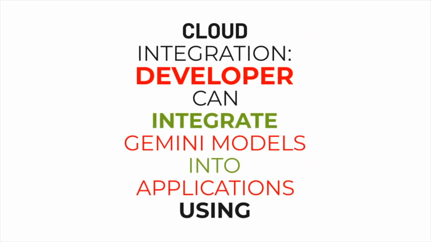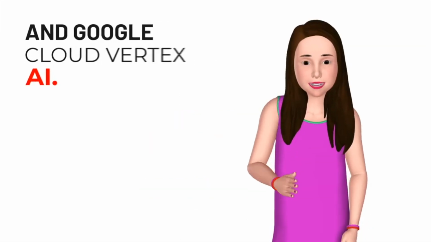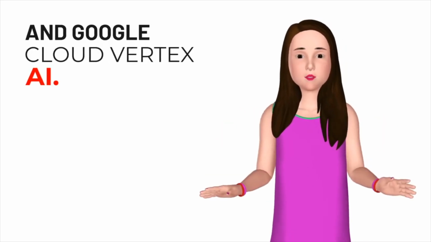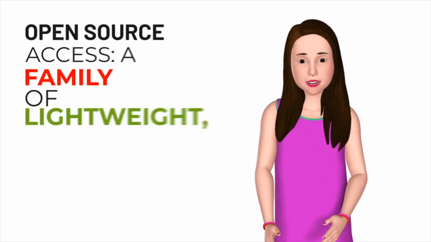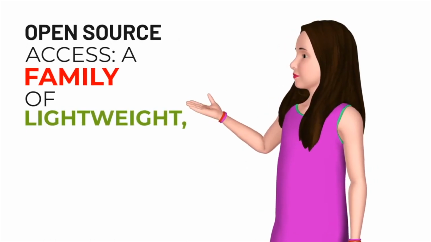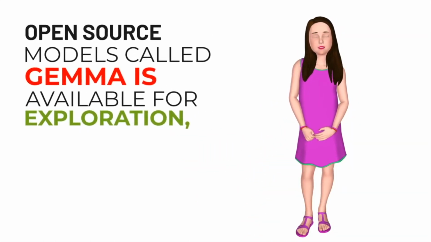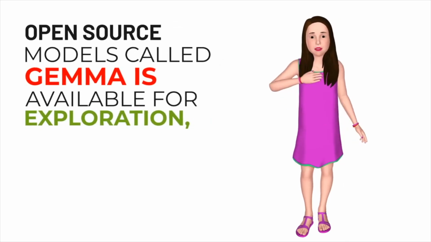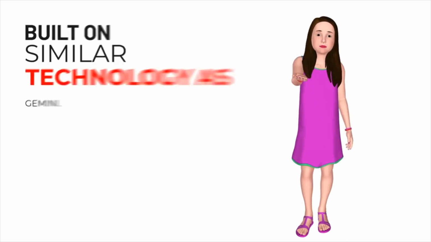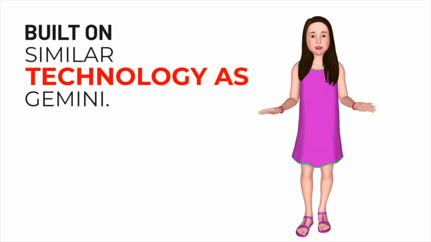Cloud integration. Developers can integrate Gemini models into applications using Google AI Studio and Google Cloud Vertex AI. Open source access. A family of lightweight, open-source models called Gemma is available for exploration, built on similar technology as Gemini.